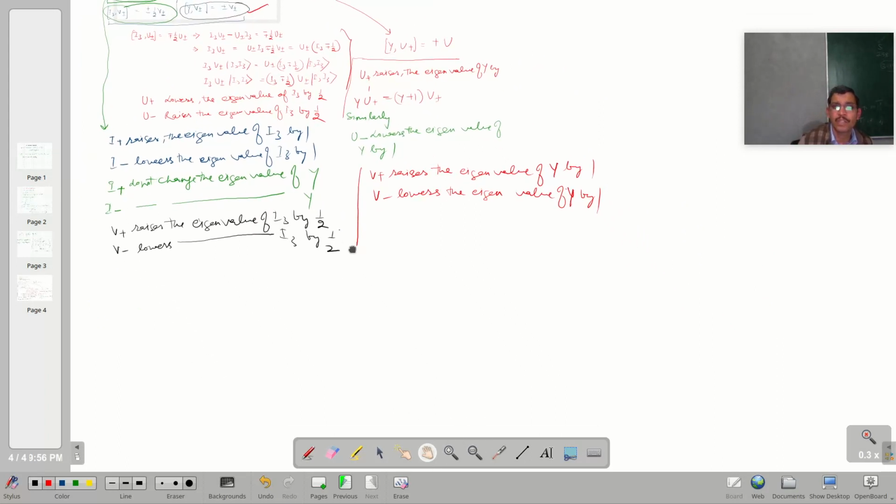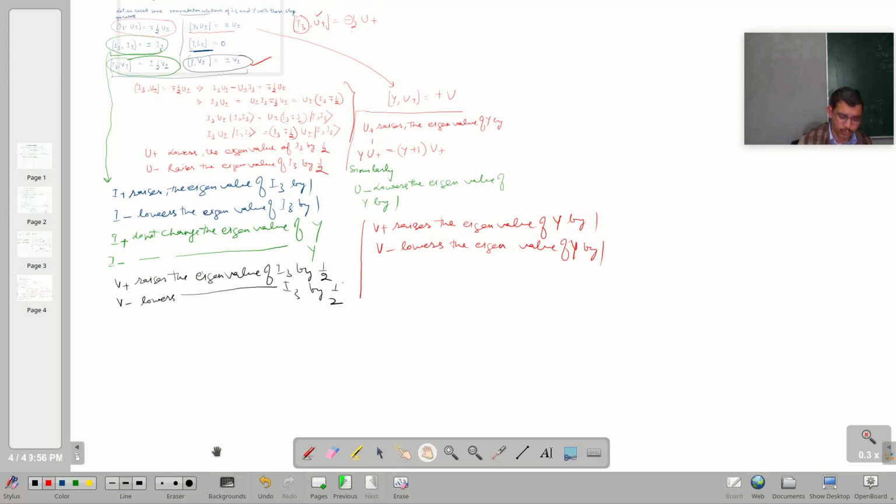Let me summarize all these results. So first, I± induces changes delta Y equal to 0 and delta I3 equal to ±1.